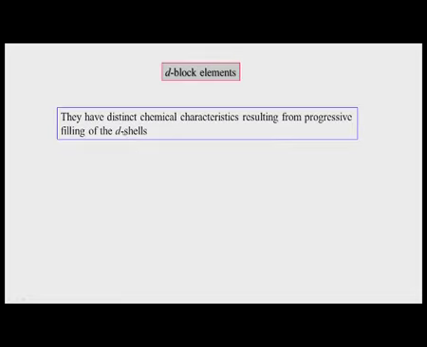So, d cells and their occupancy will control the definite chemical characteristics of all these elements, and particularly these are all metals, the d block metals. They can also have something which we will discuss later, the occurrence of variable oxidation states, which is not very much available for other types of elements, that means the main group elements.